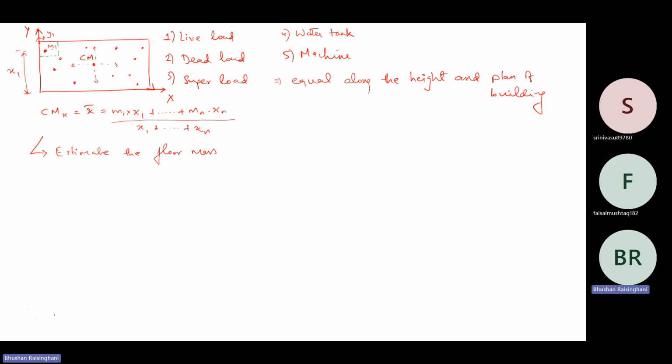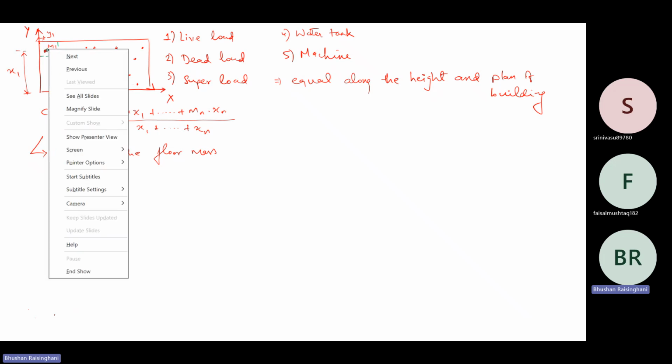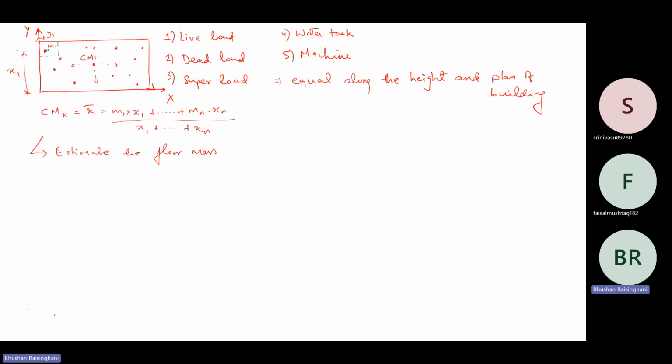So this mass of this particular floor, okay, I am considering, and right now it is not at the CG, however, this will be the CG of this particular slab, and it will be termed as M1, and the distance from X will be calculated. Similarly, for all other cases, it will happen.